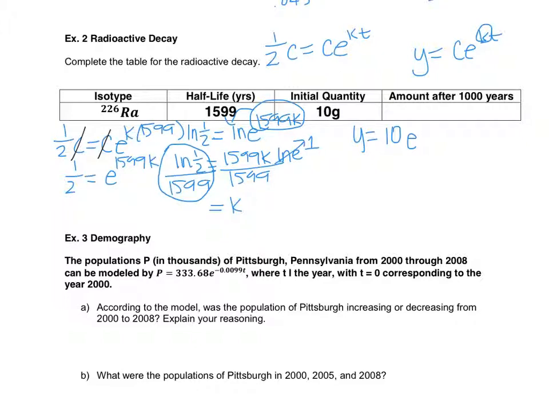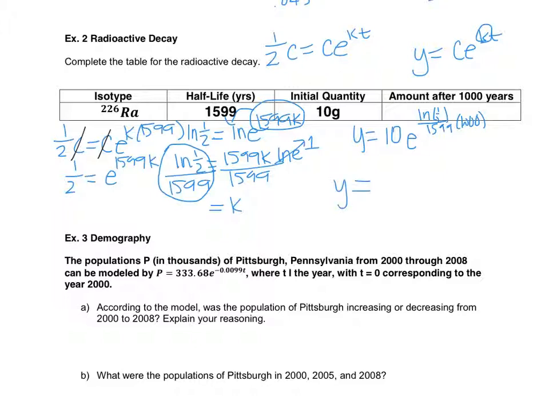Okay, so that means that in my exponent for k, I have ln of 1/2 divided by 1599 times 1000. And of course, your calculator will do all of that. You just have to be very careful. Make sure you use parentheses. Make sure you have plugged it in exactly right.